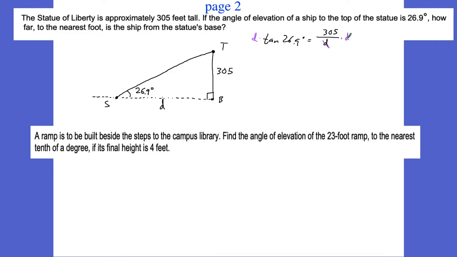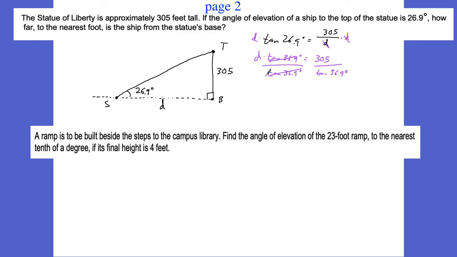Our D's reduced down to 1 on the right side. And then I have D times tangent of 36.9 equals 305. And I can simply divide by tangent 36.9 degrees on both sides to allow me to isolate D, because these tangents cancel to 1.